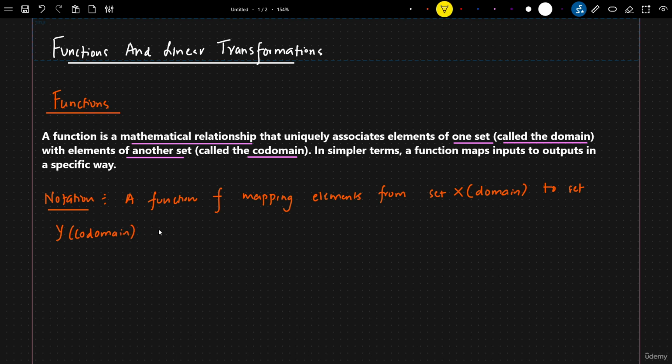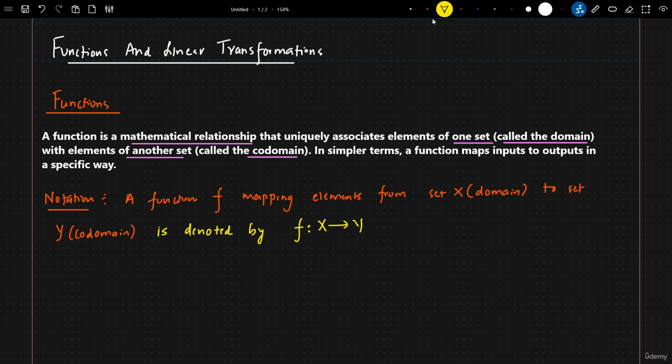This is denoted by f: X → Y. This basically means the function f is mapping all the elements of X, the domain, to Y, the codomain.